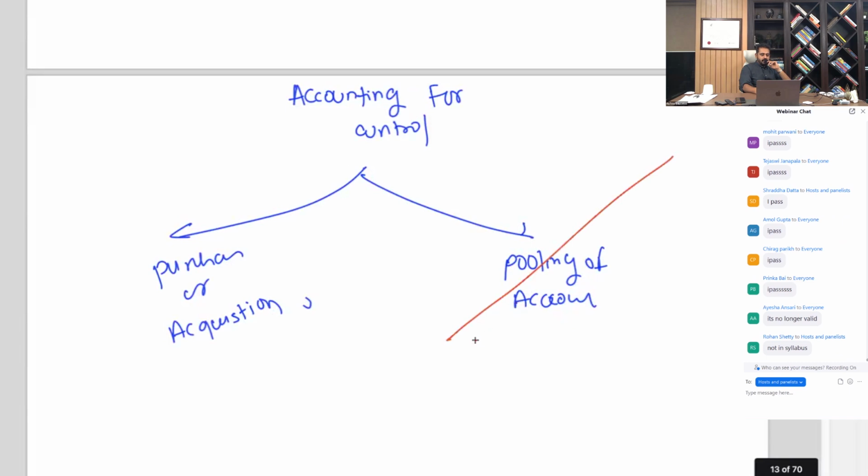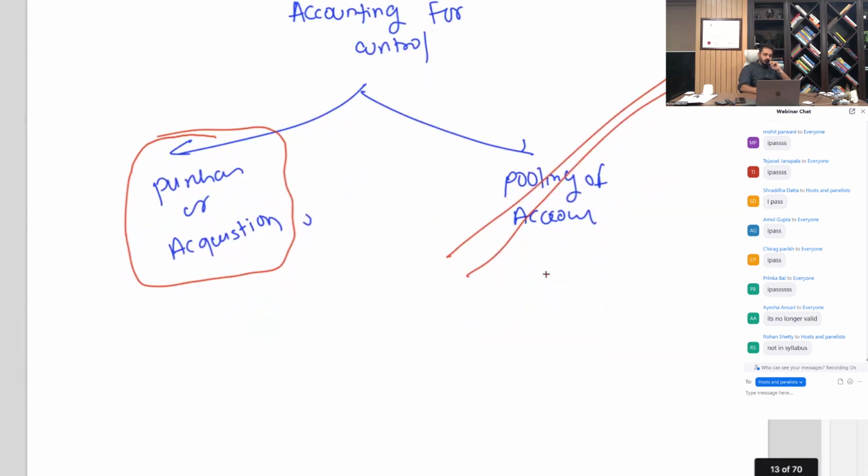Pooling of accounts is a thing of the past, but we just need to know that there used to be such a thing. Now we focus on the purchase or the acquisition method. And the difference between the two is that this accounting method in the past used to allow you to consolidate assets over book value. That means it was okay to completely ignore the market values or fair values.